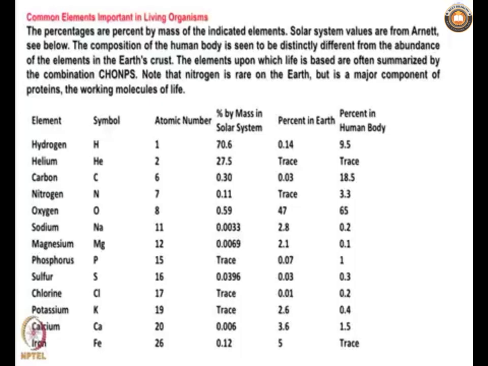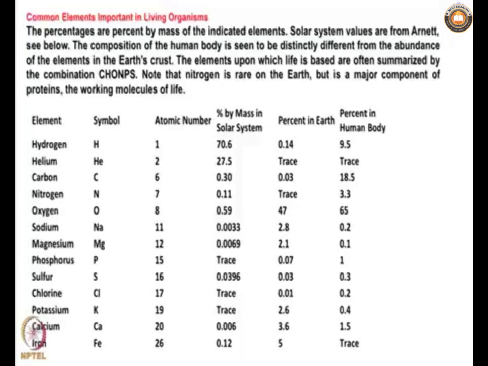You can look into this table to realize the percentage of hydrogen in the solar system, in Earth, and also in the human body. In the solar system, hydrogen constitutes about 70.6% and 27% is helium.